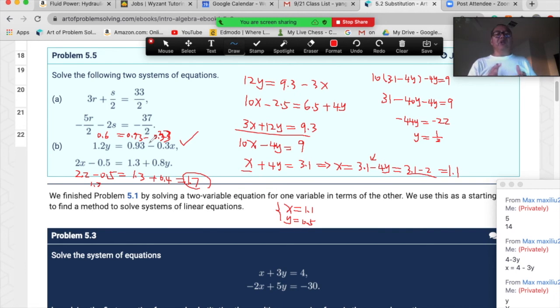Usually, we keep the variables on the left side, the constant term on the right side. Then you need to find which variable is easiest to isolate. So that's the variable with coefficient equal to 1 or negative 1.